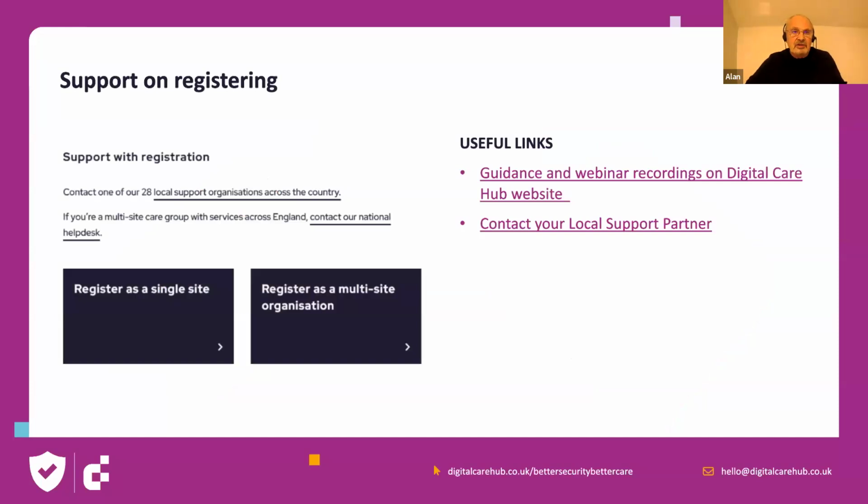Again, you can visit the National Help Desk. There is also guidance available on the Digital Care Hub website, or I would recommend contacting your local support partner or your LSO. And as I say, there are 28 of those across the country to help you through the process. Indeed, they can even help you to find your ODS code should you wish to.